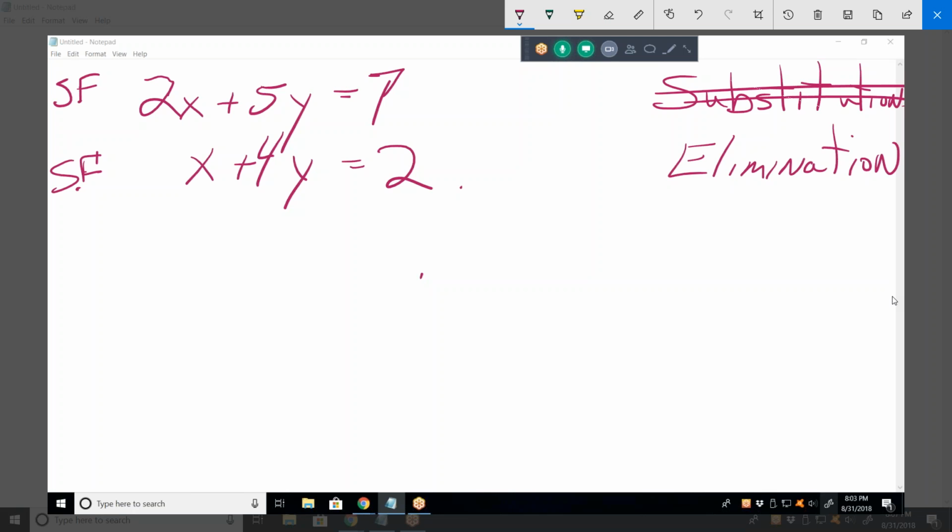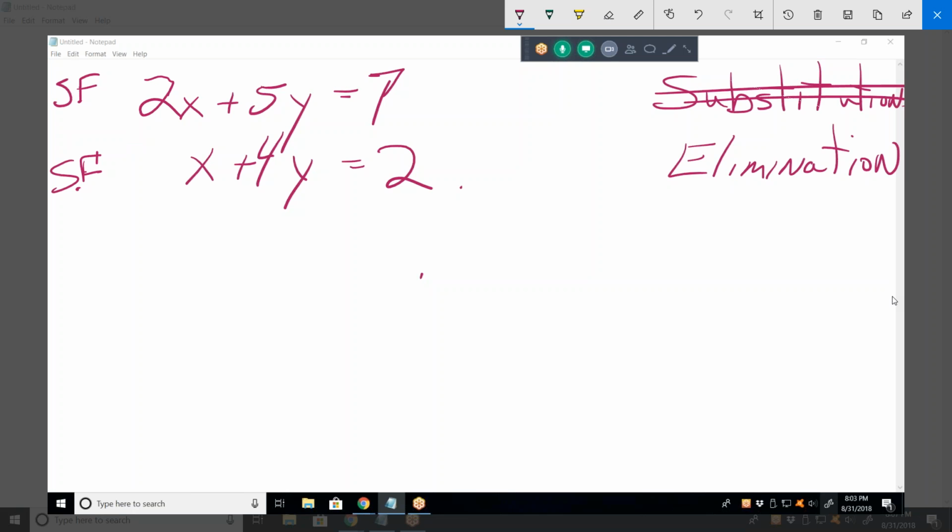Now, there's a rule in math that says you can add or subtract any two equations, which means I can add those or I can subtract them. Can't multiply them, I can't divide them, but I can add or subtract them.